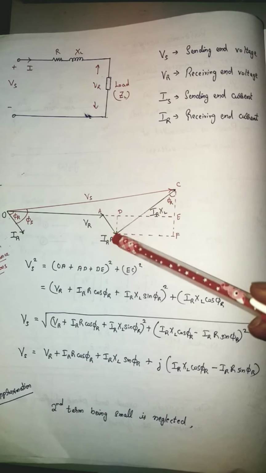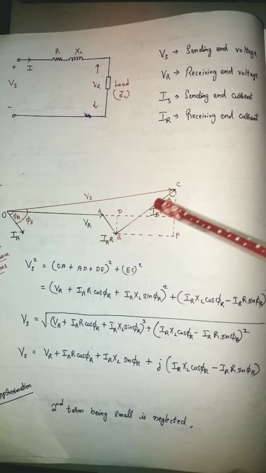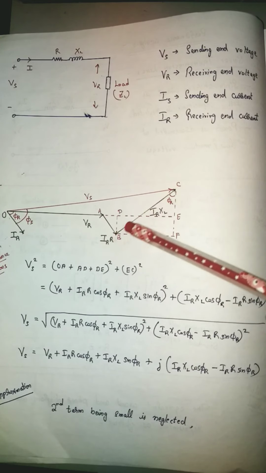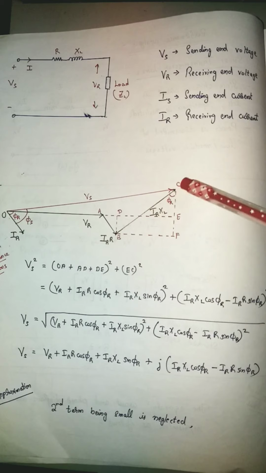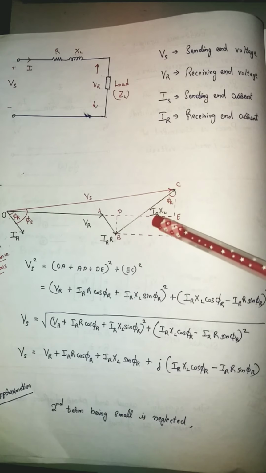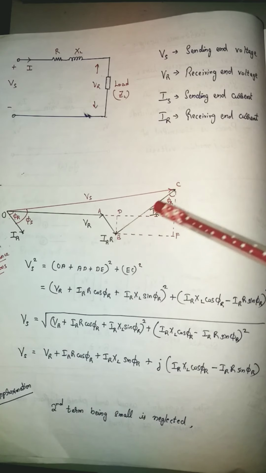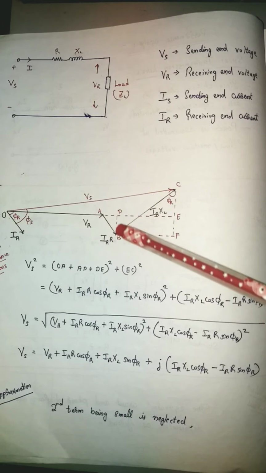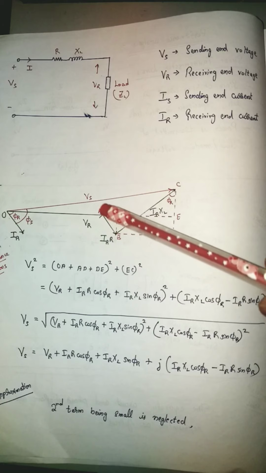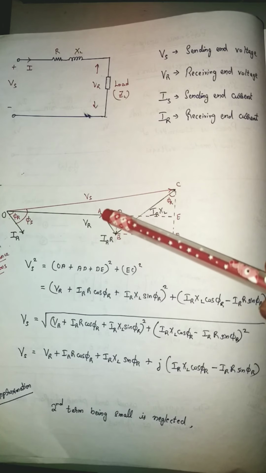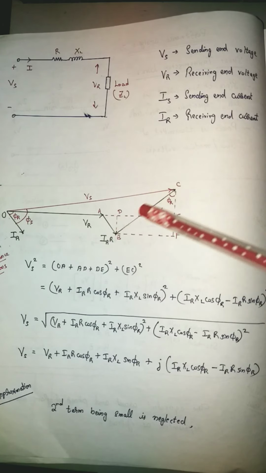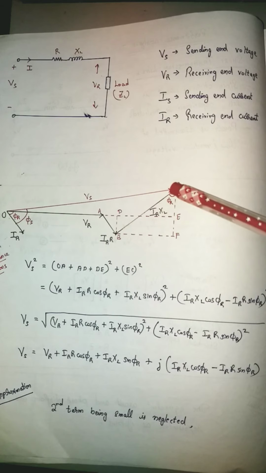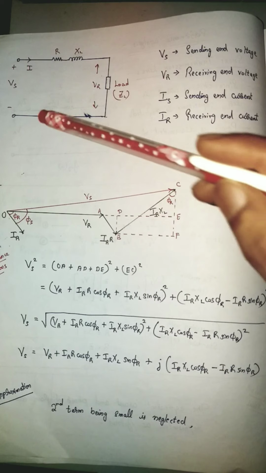This is the voltage across the inductor, given by IR into XL, which is leading the current by 90 degrees. So this is the voltage across your resistor, and this is the voltage across the inductor. And finally, if you take from the origin to this point, that gives you the resultant, which is Vs.